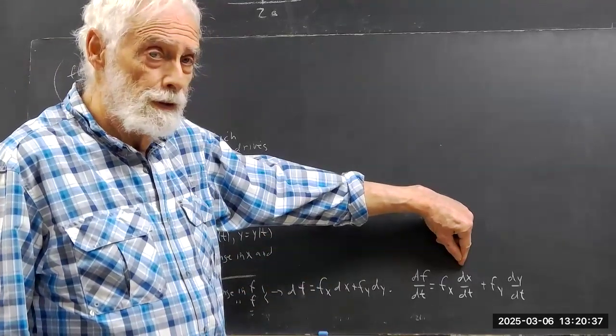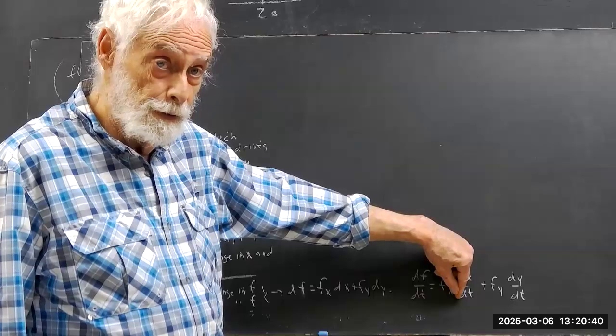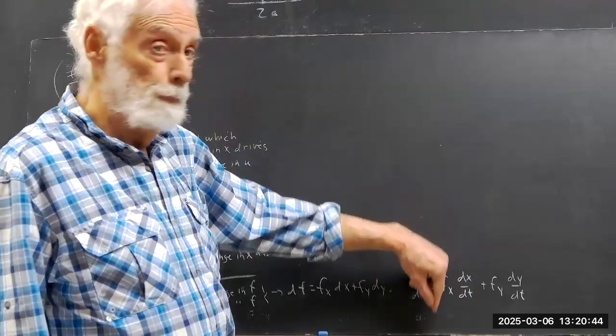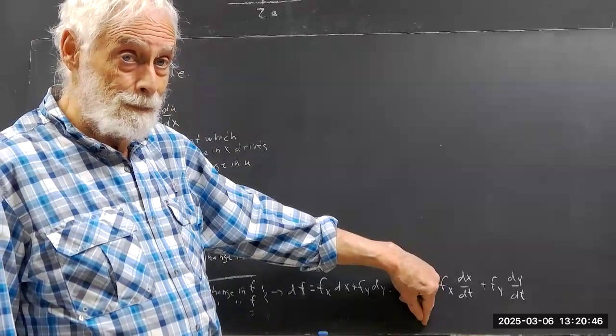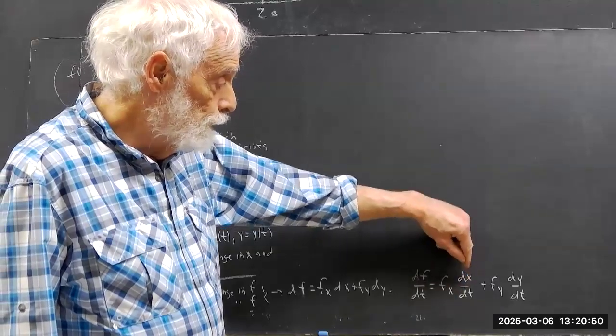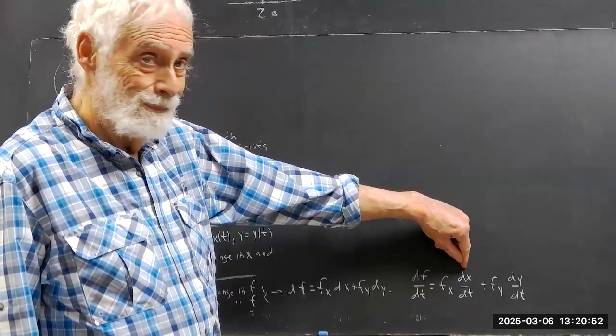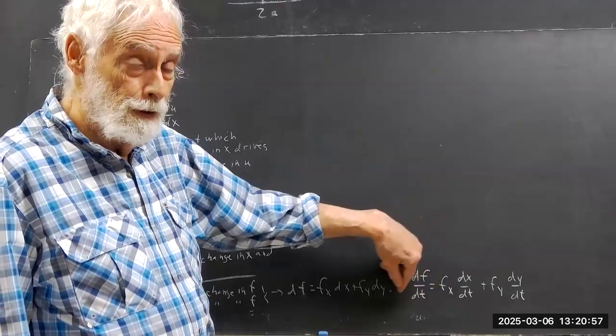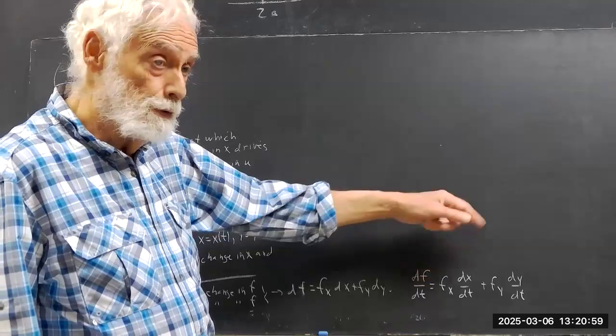This is the rate at which x changes with respect to t. This is the rate at which f changes with respect to x. In other words, this is the rate at which a change in t drives the change in x, and this is the rate at which the change in x drives the change in f. It's just a chain rule.